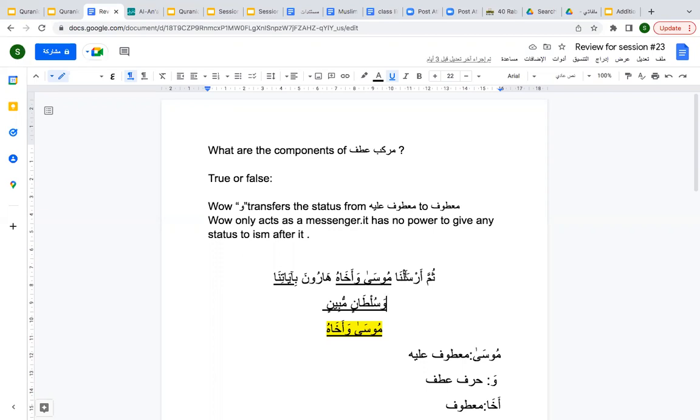Number 3 is whatever is left is detail, right? So if I see the sentence, we sent Musa and his brother. So we sent, sending was an action, doer is we, and detail is the rest. So Musa and akhahu are the details or the objects, because they received an action, because Allah subhanahu wa ta'ala is saying that he sent Musa alayhi salam and his brother Harun, right?